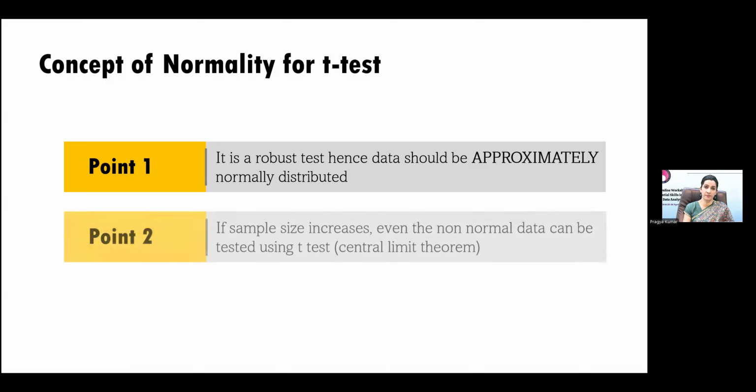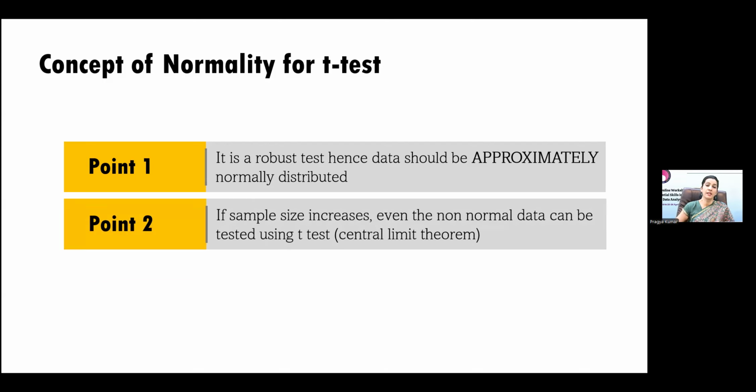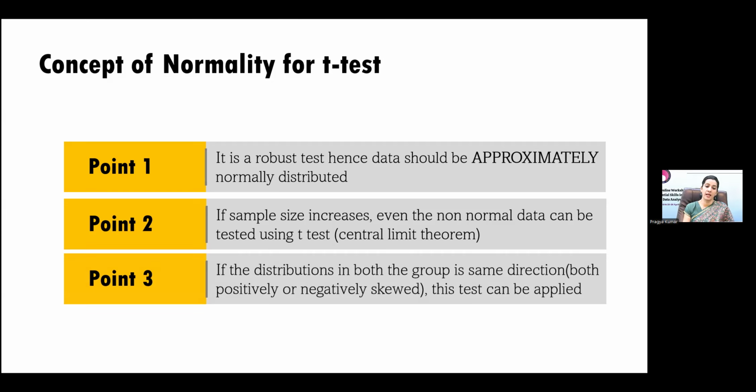independent sample t-test. The next point: if you have an adequate sample size, then the central limit theorem says that even if there is skewed data, it can be tested using the t-test. And there's another very interesting point.